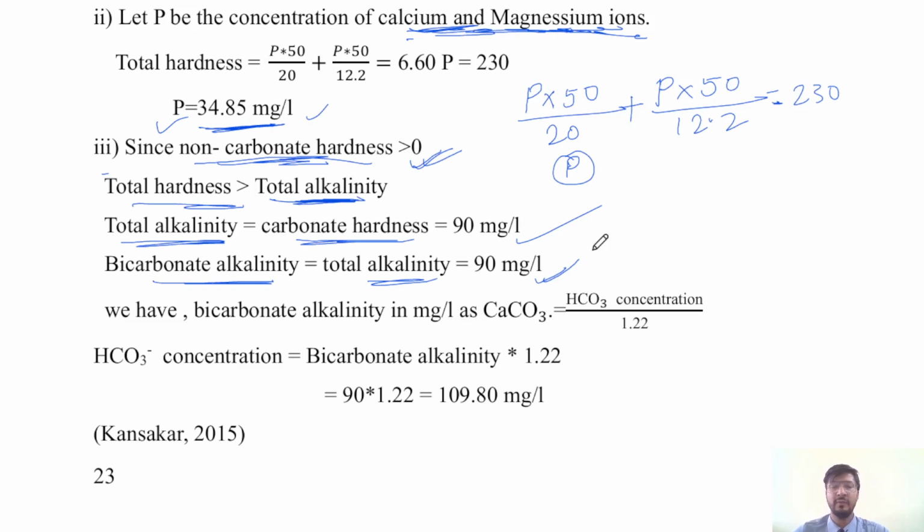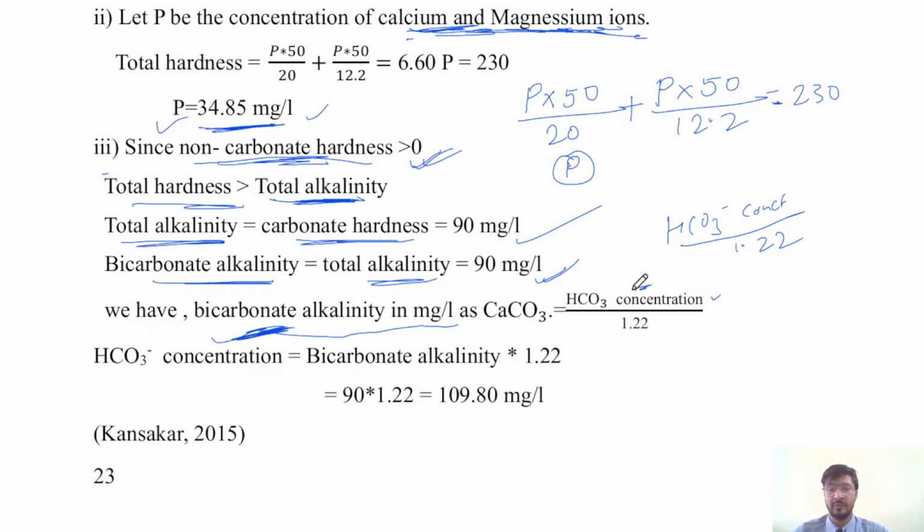So we have the formula: bicarbonate alkalinity is equal to HCO3 minus concentration divided by 1.22. In this formula we have to determine the HCO3 minus concentration, because bicarbonate alkalinity we have already determined.